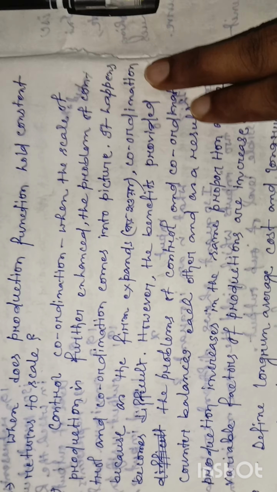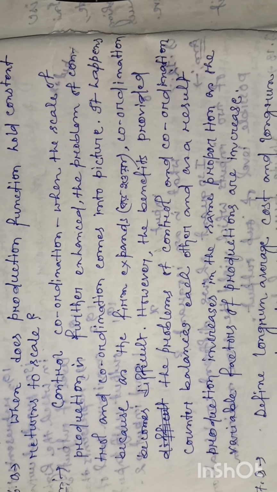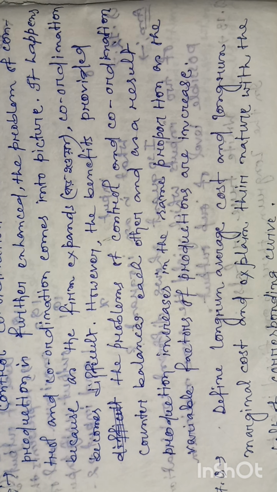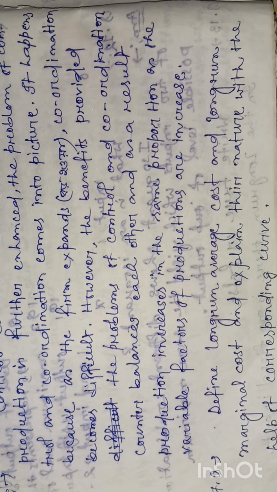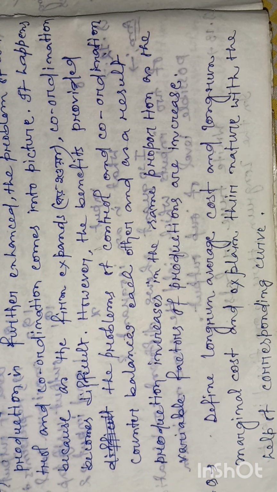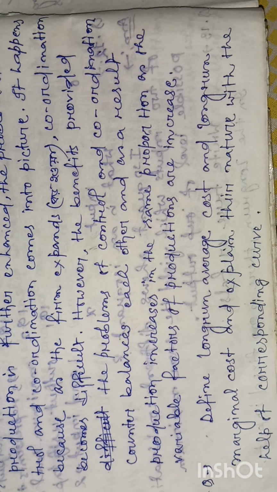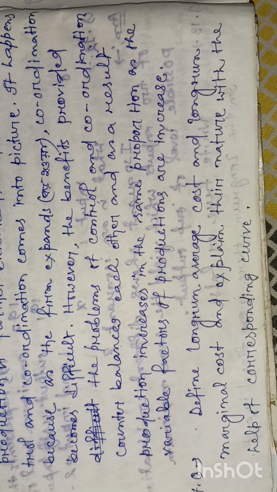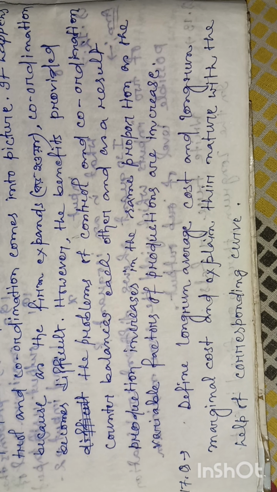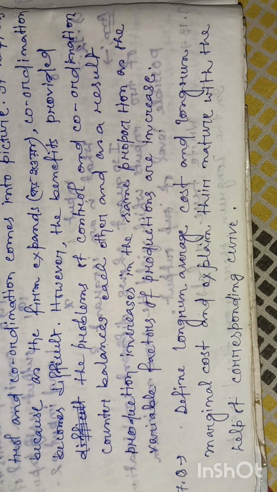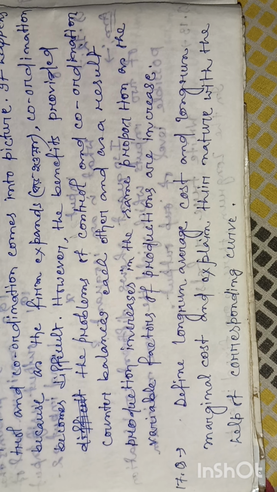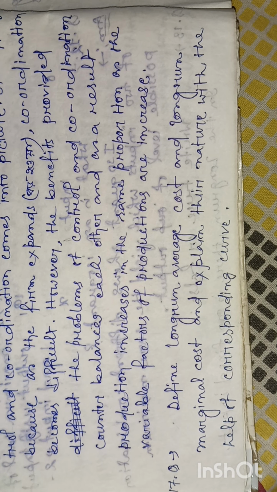It happens because as the firm expands, coordination becomes difficult. However, the benefits and the problems of control and coordination counterbalance each other, and as a result production increases in the same proportion as the variable factors of production are increased.